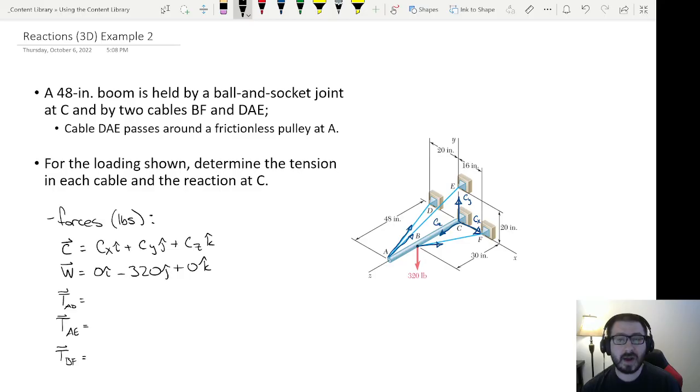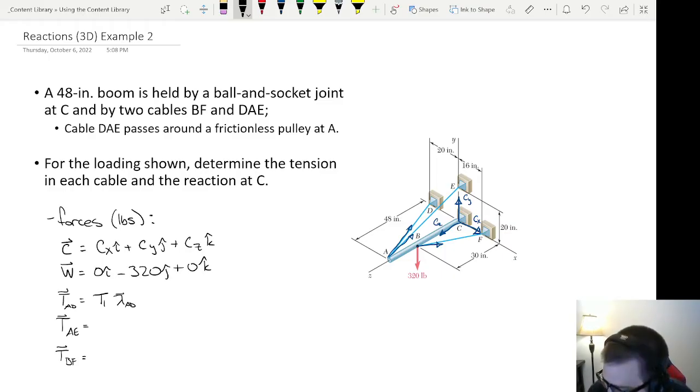Now, the way that I'm going to write these, just for now, because they're oblique, in 3D, and I haven't figured out unit vectors yet, is to keep our notation simple: some magnitude times the unit vector. I've got to figure out what that unit vector is, but for now, we know that's what it's going to be.